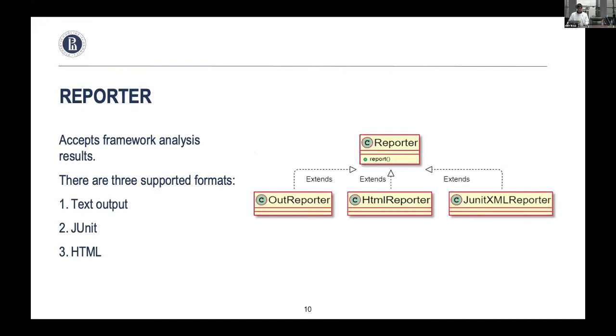The first one is text output, just a human readable format like in a console. The second one is JUnit. JUnit format is useful to integrate with side applications like Jenkins. And the last one is HTML.